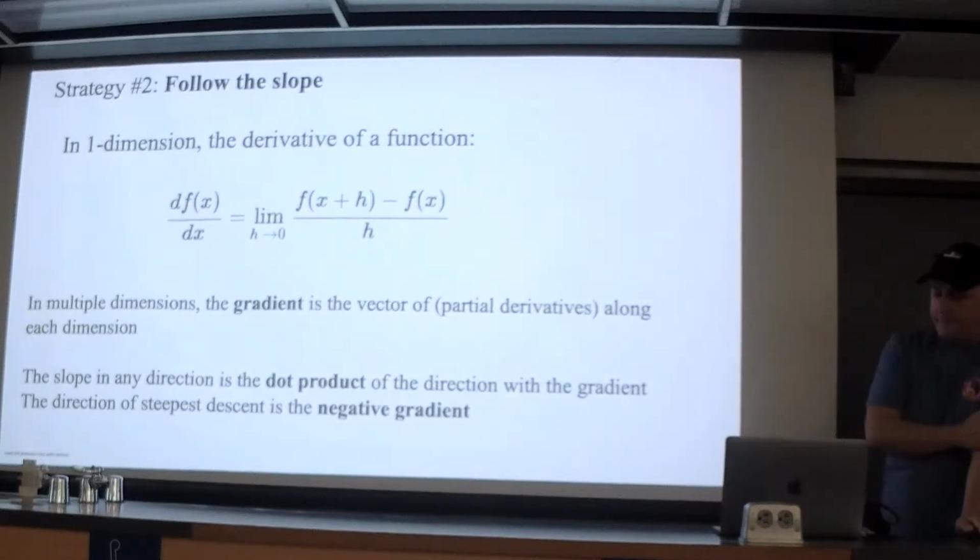Anyways, it's the tangent line, and it's telling you the slope. Okay, so the slope is telling you what? If you move in a direction away from that point, what should you expect to have happen? It's telling you how fast the function is either decreasing or increasing.